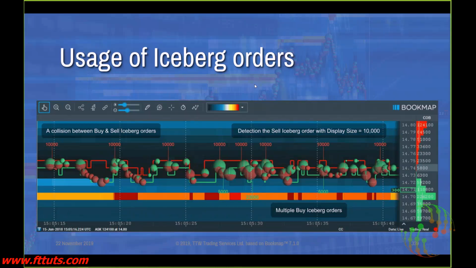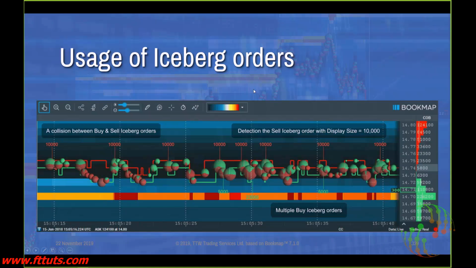The usage of iceberg orders is as described here: the indication of iceberg orders shows you that something is happening here. That means the market is likely to drop when they are hitting the bids constantly. But anyway, it's there.